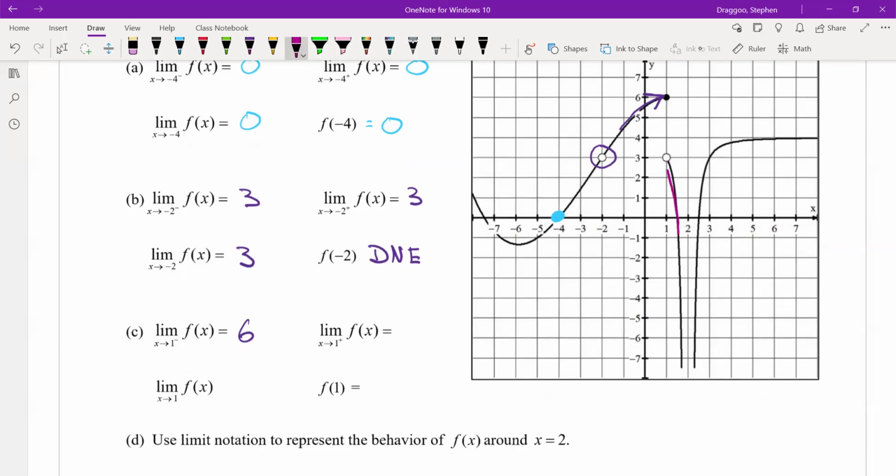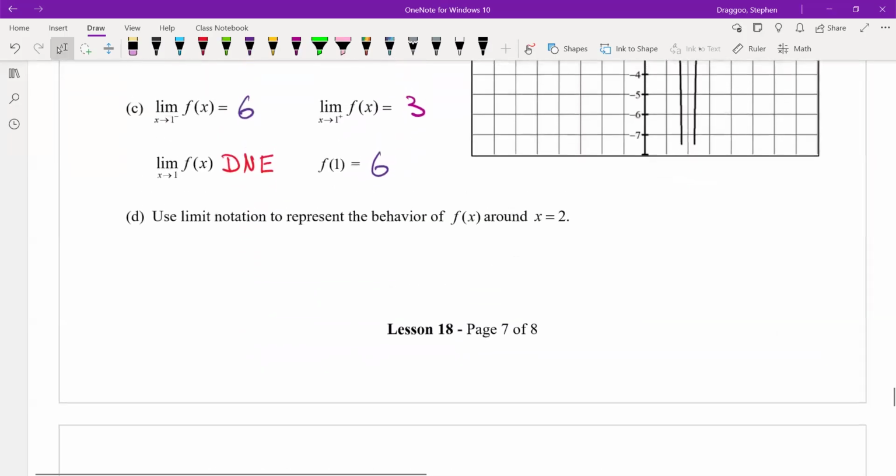However, if I start from the right side and come in, heading into 1, now I'm approaching this whole point where y is 3. Because those two one-sided limits don't agree, the limit itself does not exist. But since one of my points is filled in, I can actually evaluate the function at 1, and it's just 6. That top point was filled in.